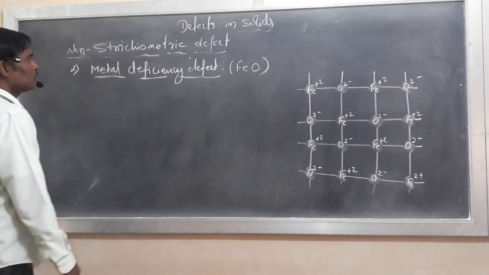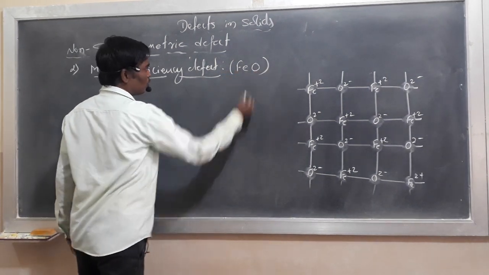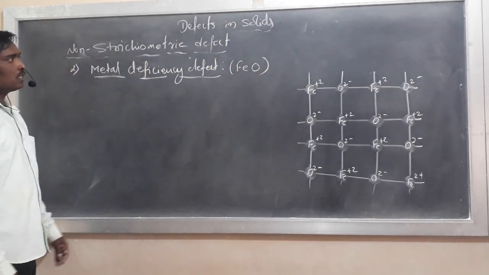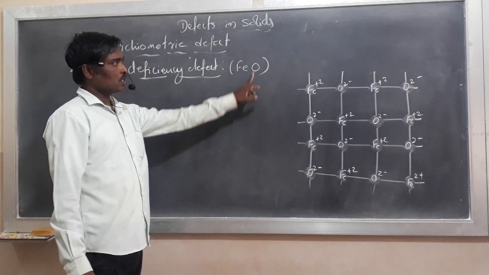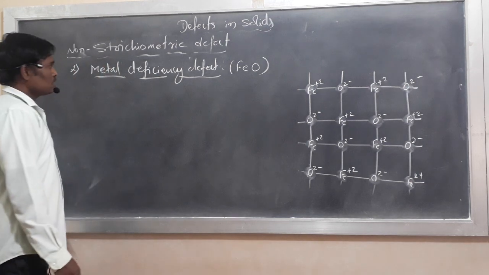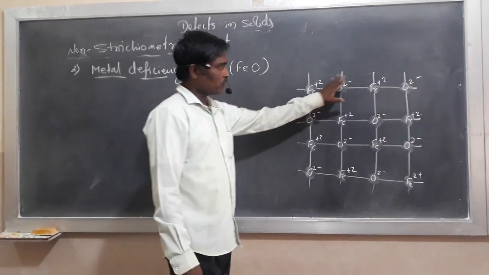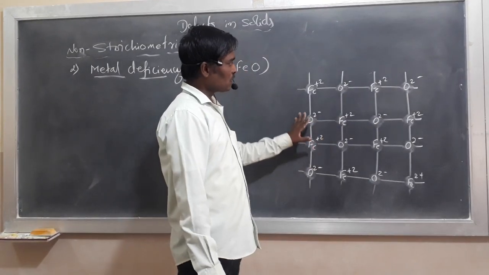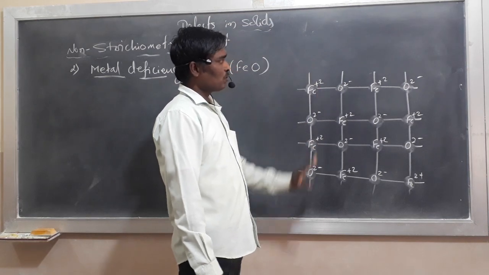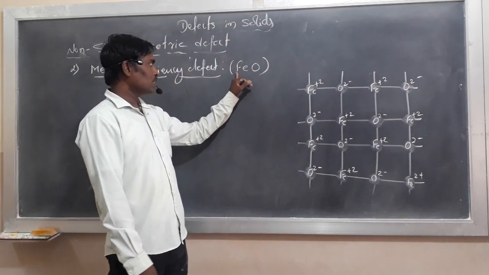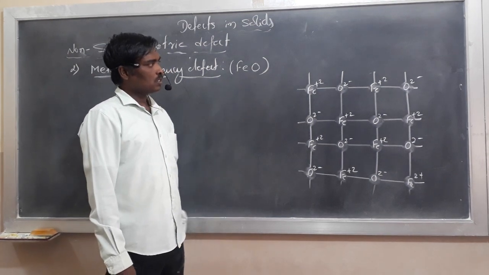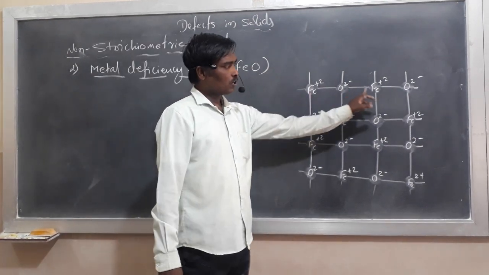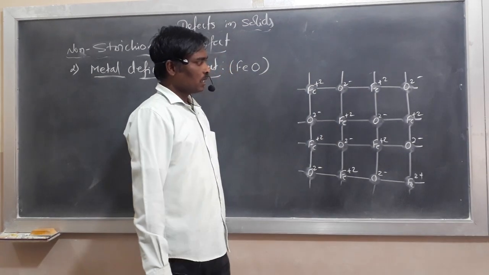Here FeO is iron oxide: Fe plus 2 and oxygen minus 2. This is a perfect crystal, meaning all the lattice points are occupied only by iron and oxide. This is the arrangement of the constituent particles during formation of iron oxide.